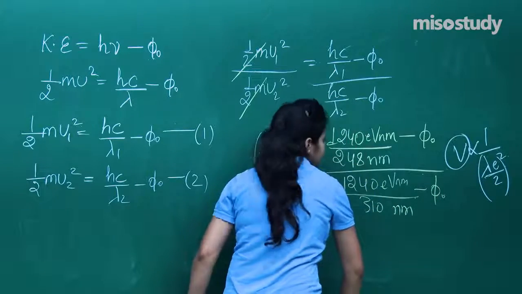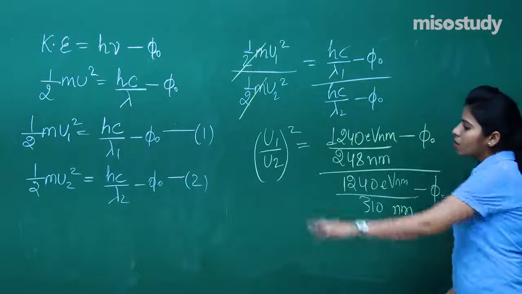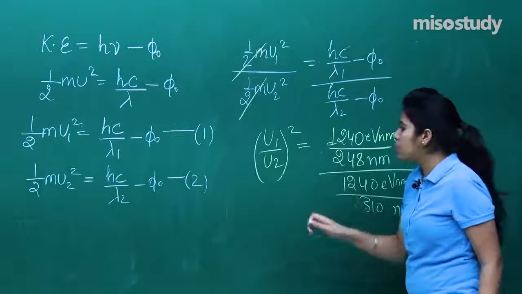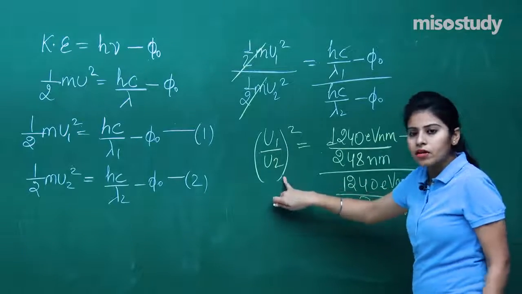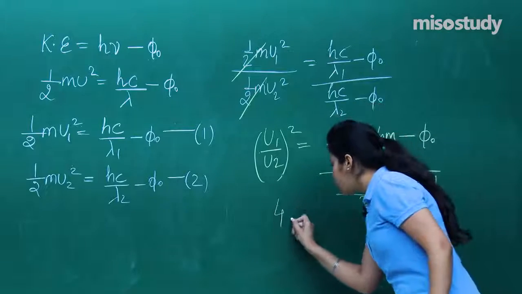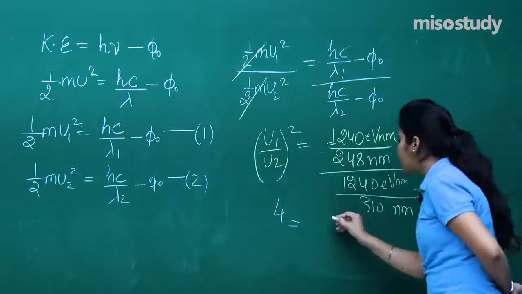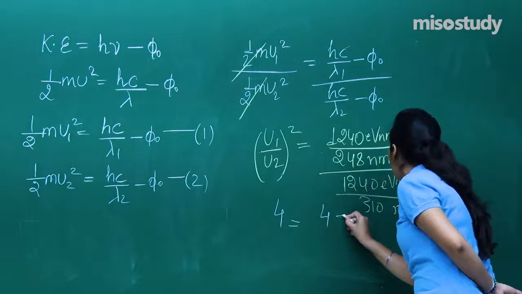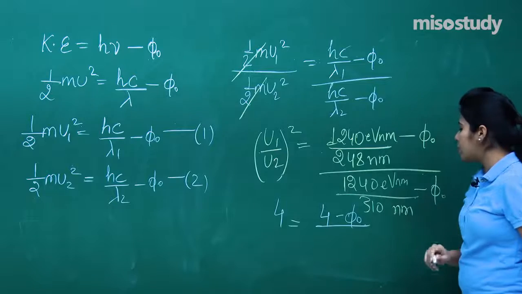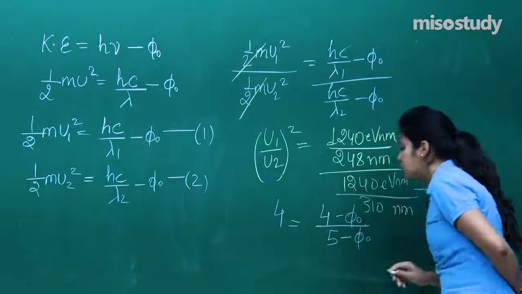Now just look here, the u1 and u2 ratio has been given as 2:1. So I will be having 2:1 square, that means 4. So 4 equals, if you divide them, 4 minus phi naught divided by 5 minus phi naught.